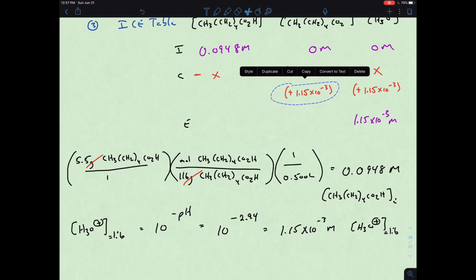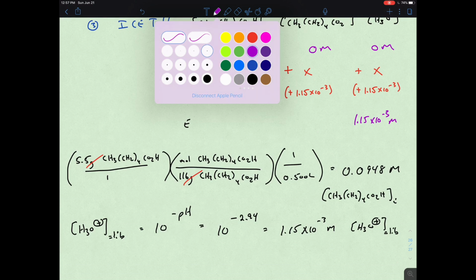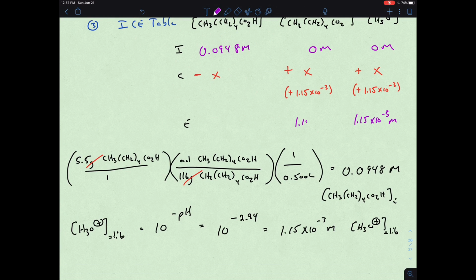So we're seeing that increase being synonymous. And then we would have minus that value for our caproic acid, our starting material.